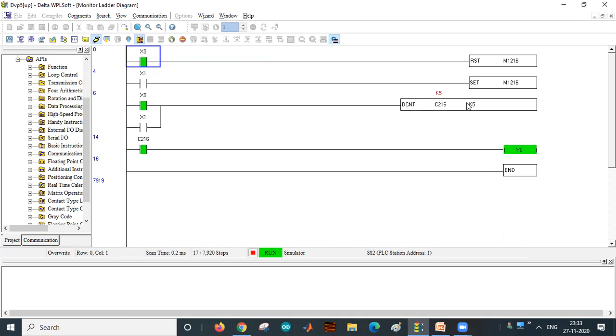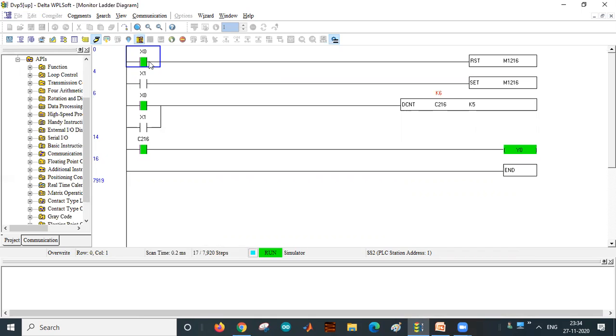Whenever it reaches the value 5, that means the target is reached here. So whenever it is 5, C216 will be on, then Y0 will go on. Even now, if any product comes, it will increment, but whenever it is greater than 5, it will stay on.